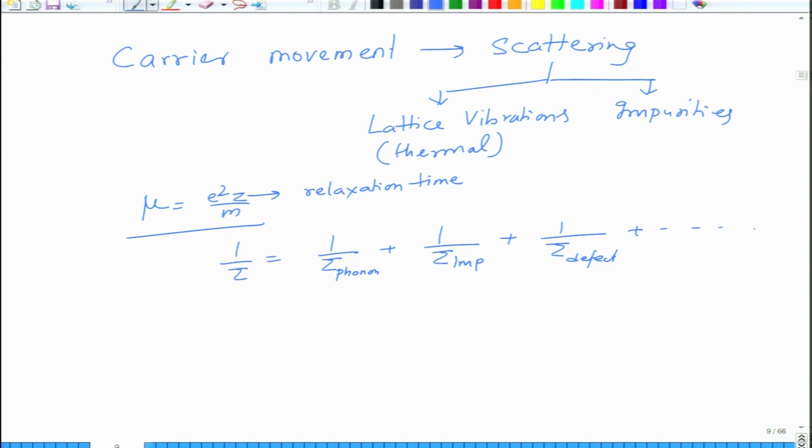Generally, this tau decreases when you increase the impurity concentration or the temperature, because when the temperature increases, the lattice atoms tend to vibrate more. As a result, there is more scattering of carriers, and when you increase the impurity concentration, again the carriers tend to get scattered more.